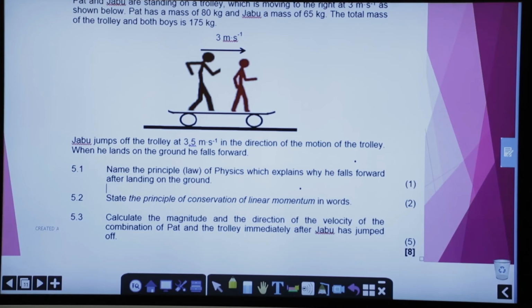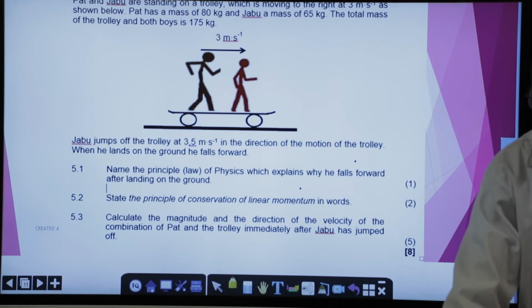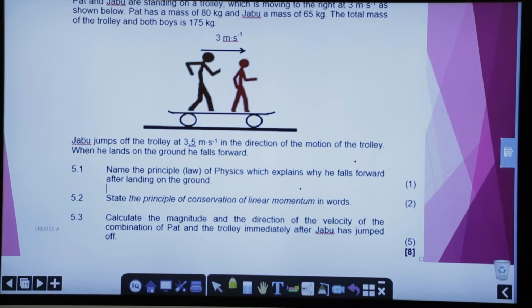5.2 says, state the principle of conservation of linear momentum in words. We have done that already in my first example. You must be able to state that total linear momentum in a closed system is what?